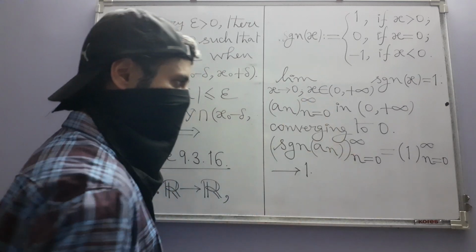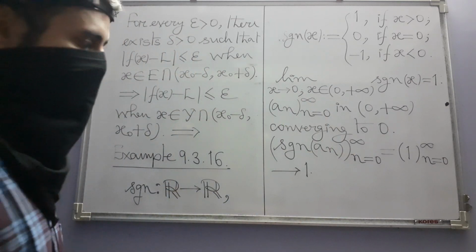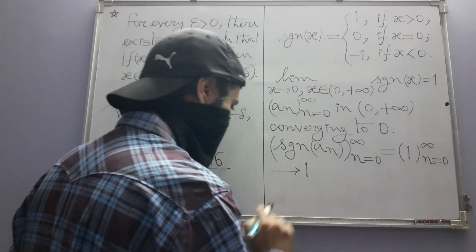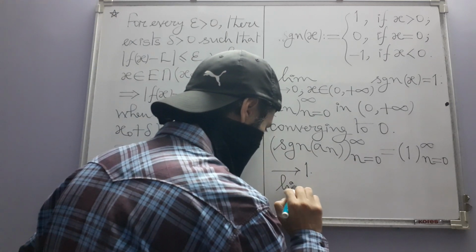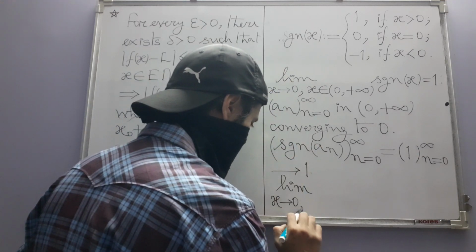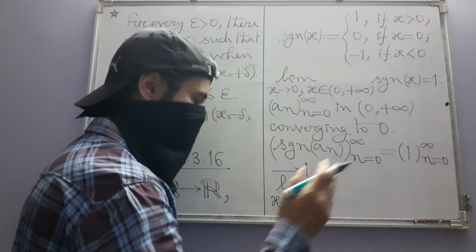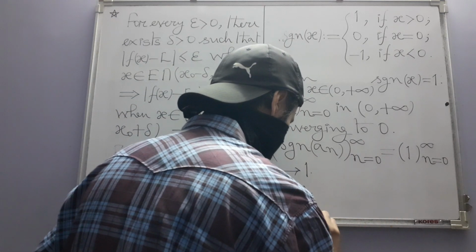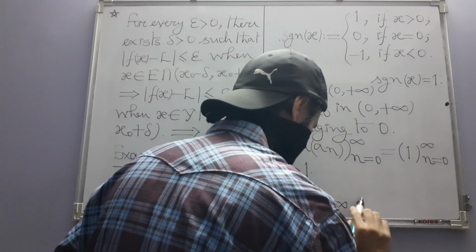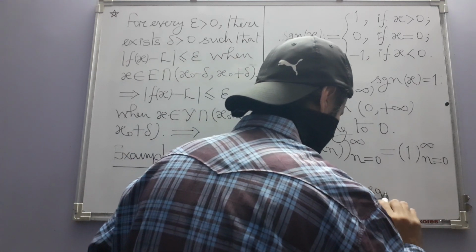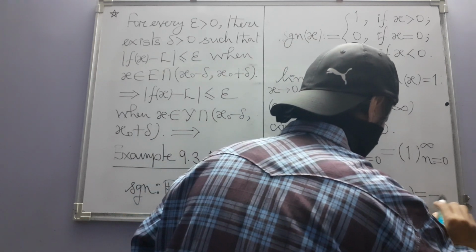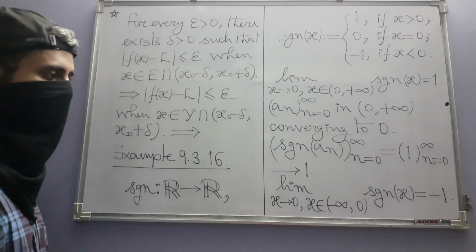So that means this is justified, and you can easily understand that by a similar argument, we also have this other limit. Instead of focusing on the positive part of the axis, we can also focus on the negative part, and on that part this limit will be -1.